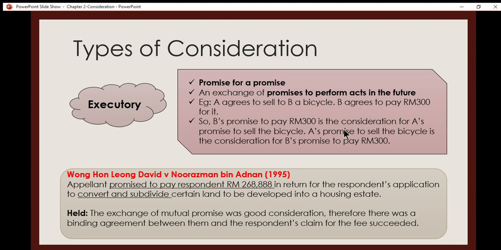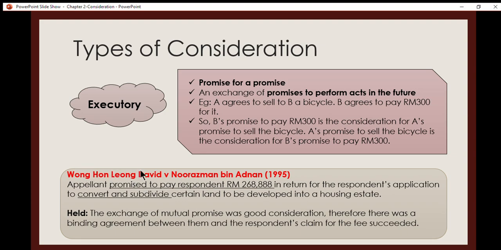Whether he can get the bicycle? No. Whether there is a binding contract between them? No. In other words, B must give consideration in the form of payment of money, RM300.